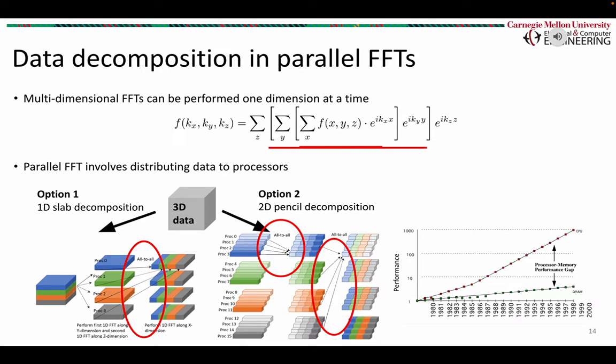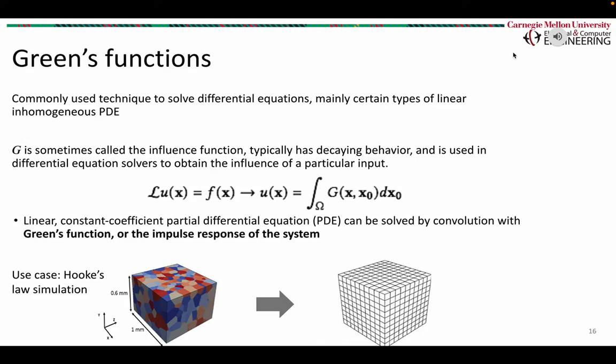However, in both these methods, we can see that there are 1 or 2 stages of all-to-all communication, which, as we saw, due to the processor memory performance gap, is really bad for performance, and also scalability, because as the size increases, the all-to-all results in congestion of the network.